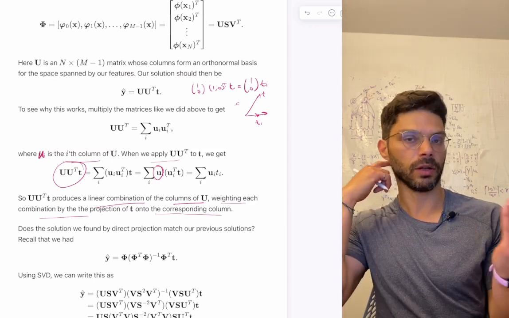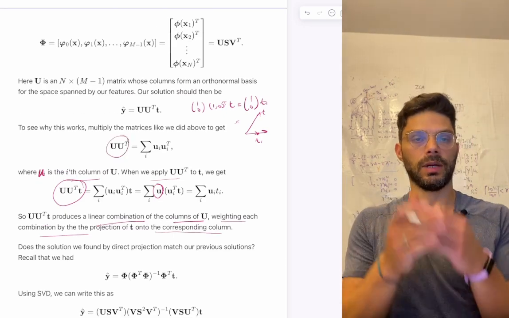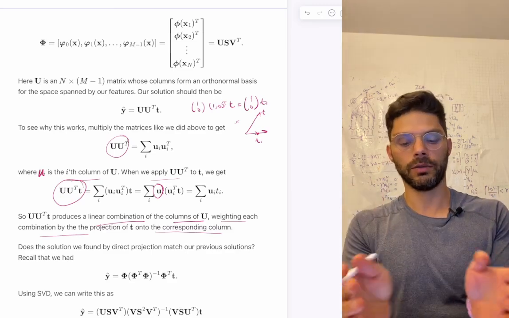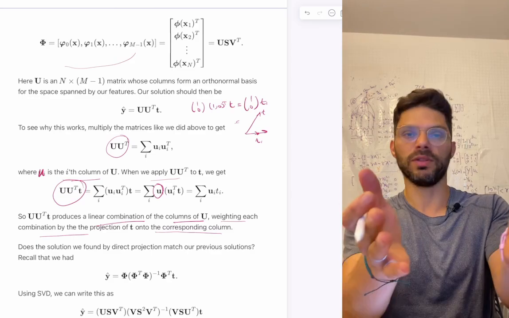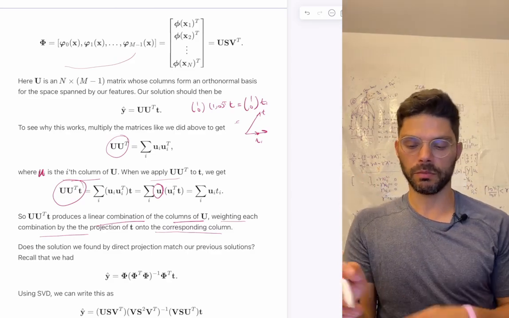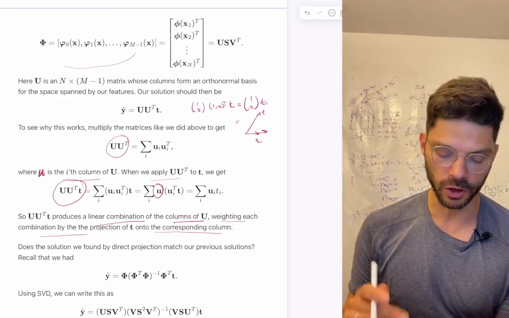So that's all there is to it. SVD gave us a coordinate system for our feature space, and we just use that coordinate system. We can throw away phi now and just compute the projection using U.